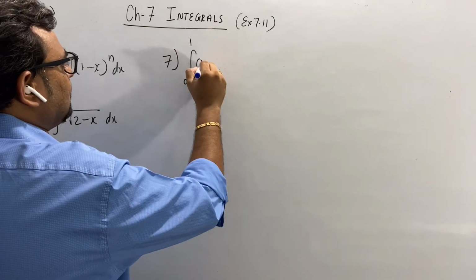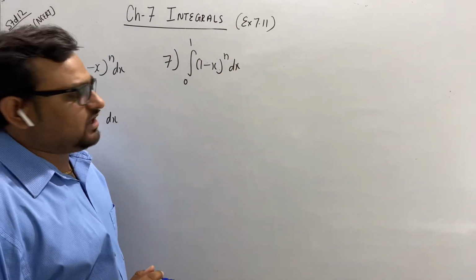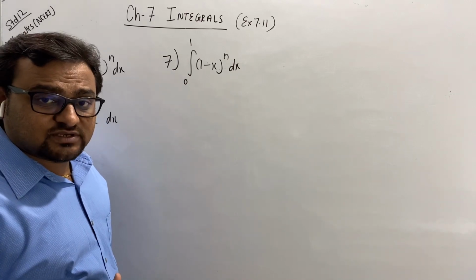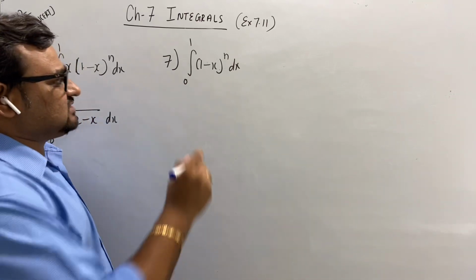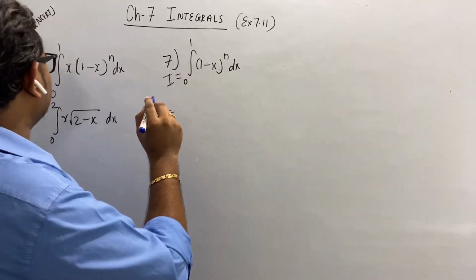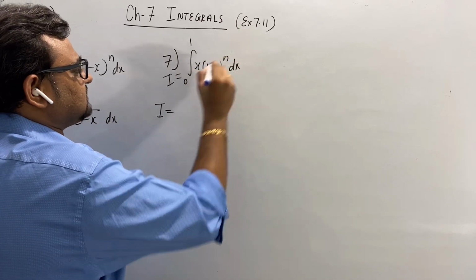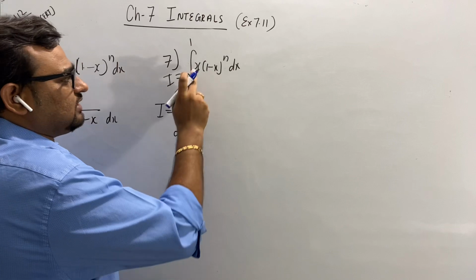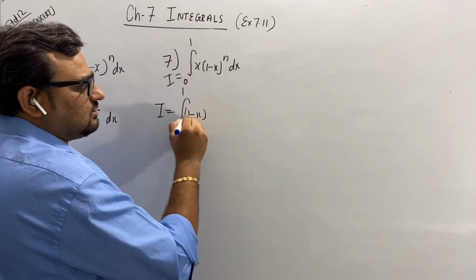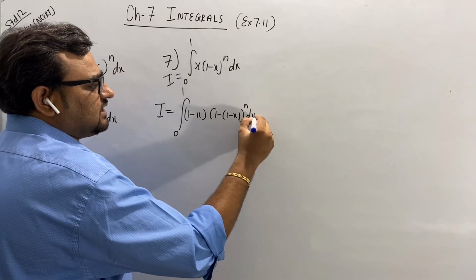0 to 1, 1 minus x raised to n dx. Okay, so we'll use the same property that we used in the first four sums, a plus b minus x. So this will be equal to, sorry, my question is wrong. It's x into 1 minus x raised to n. So 0 to 1, instead of x, 0 plus 1 minus x, and 1 minus (0 plus 1 minus x).